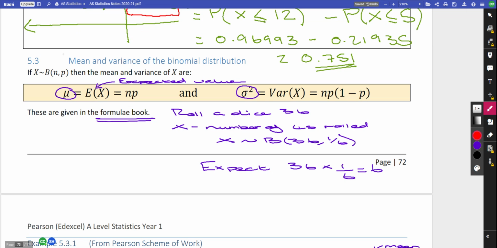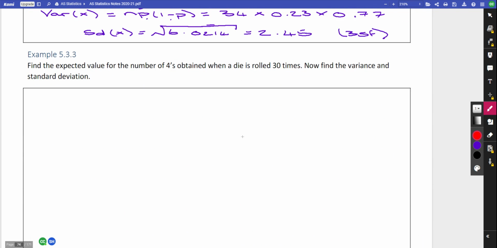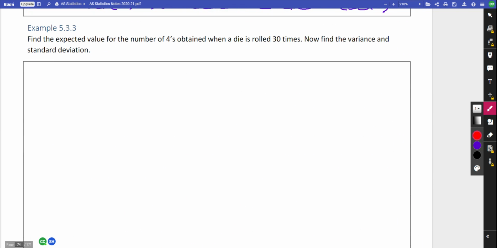Remember, it's x bar when we're dealing with the sample. We'll come on to this next year when we're taking samples of different distributions, but just take note of that notation, because we are using this model to represent the whole population. It is worth linking all of that together.